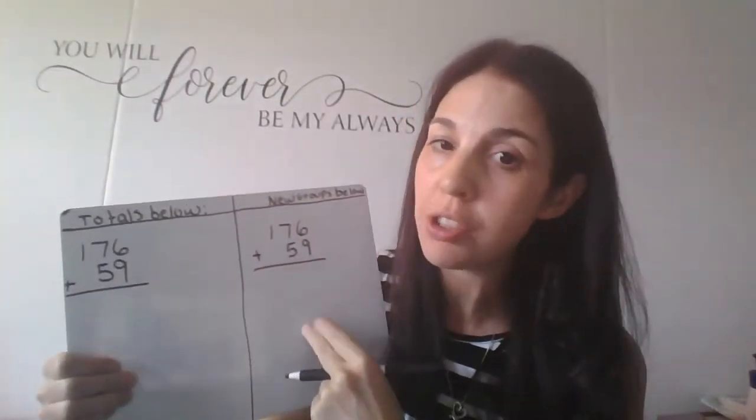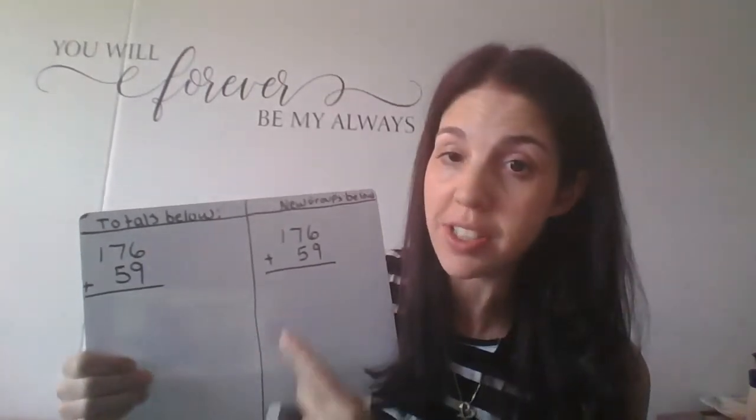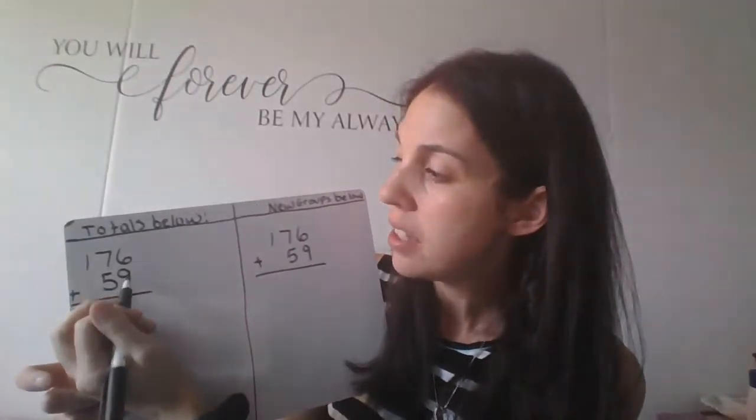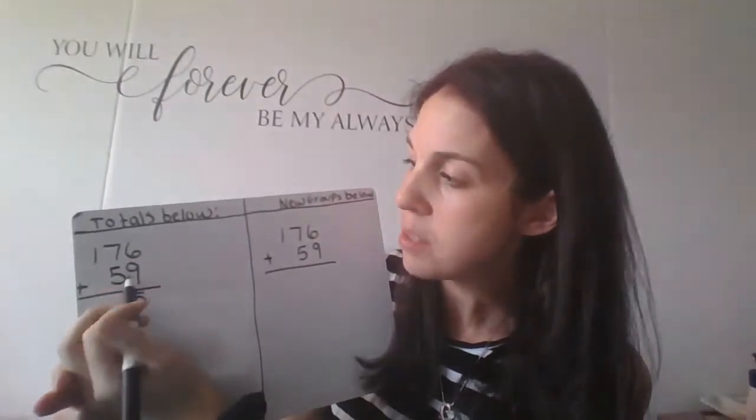These are not the only two strategies that you can use to solve addition, but these are just the two new strategies that we've been working on. So 6 plus 9, I know that 10 plus 6 would be 16, so minus 1 would be 15. So I know 6 plus 9 is 15.